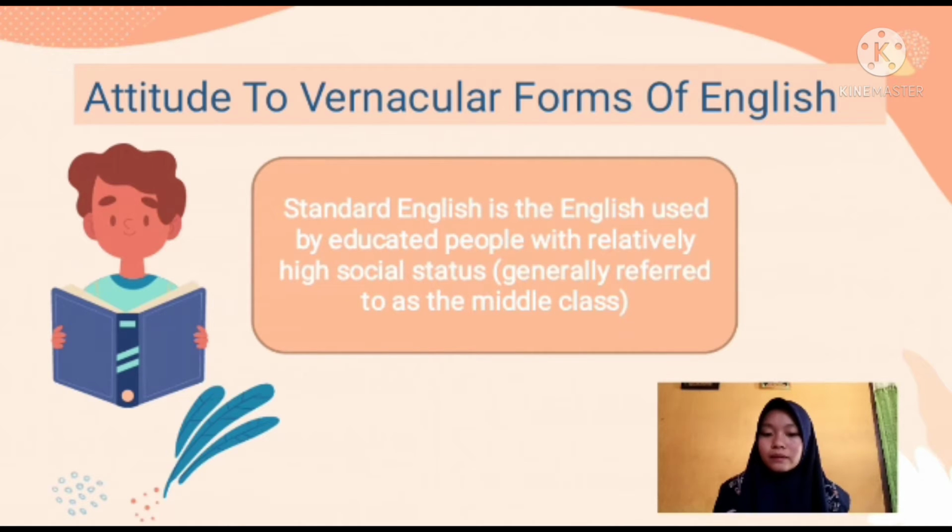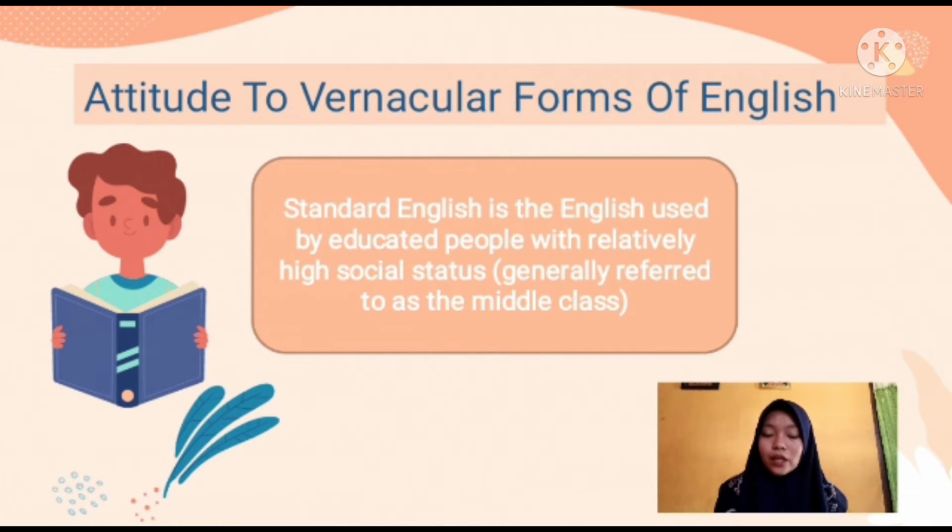So the middle class children speak standard English, and children from other social groups don't use standard English, but use vernacular English. When people talk of non-standard English, they are referring to the fact that particular linguistic forms occur more often in the speech of one group than another.